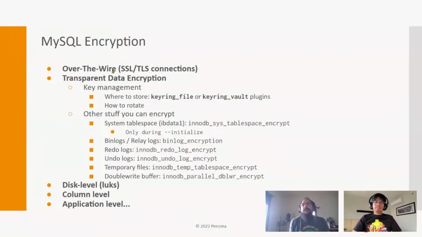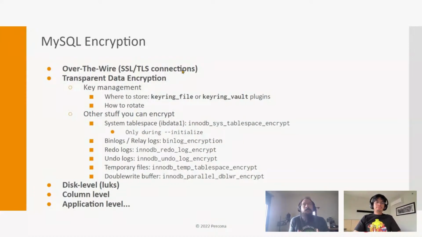So over the wire, this is the most basic and what we see most people using. Basically you create certificates for your server, you create certificates for your user. Those certificates should be created by using the same certificate authority, and with that, the client and the server can establish secure communications, which avoids eavesdropping, right?